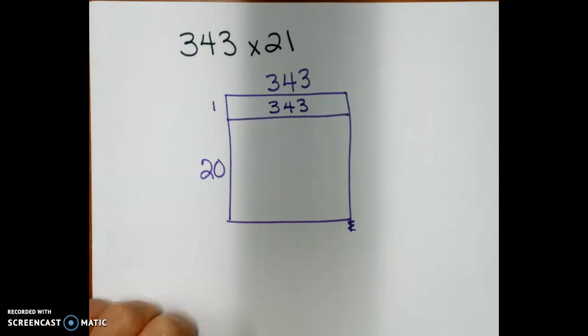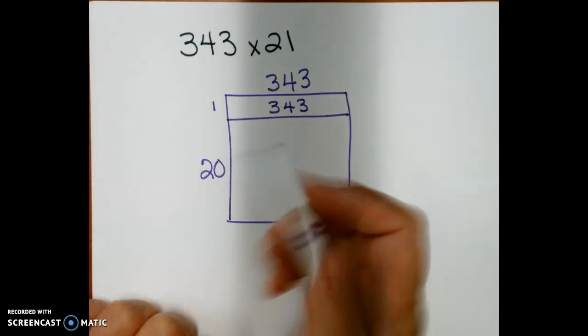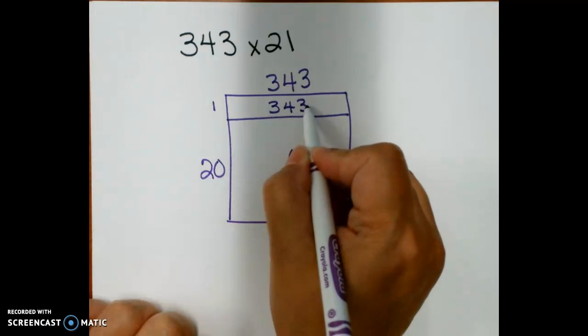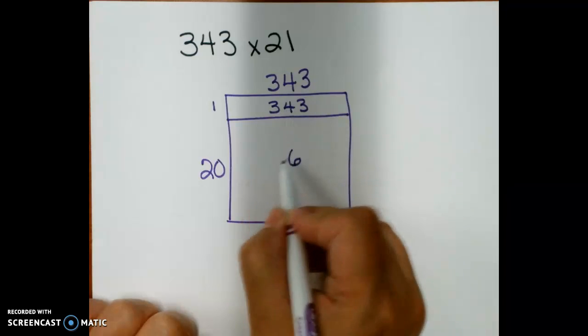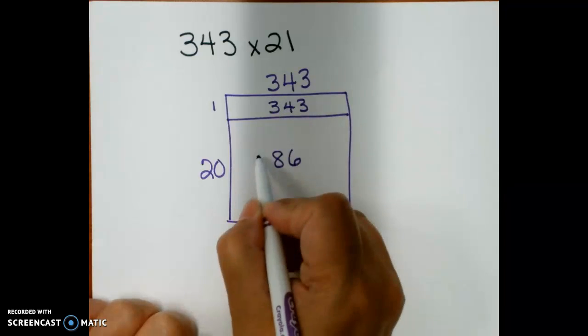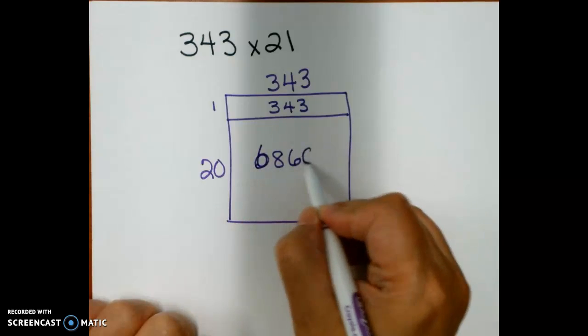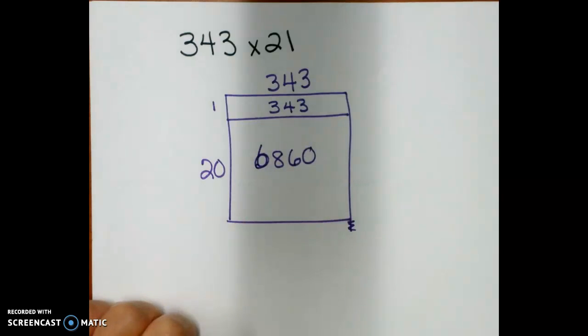Now, 343 times 20. Well, I can do 343 times 2 pretty easily. 3 times 2 is 6, 4 times 2 is 8, 3 times 2 is 6. And then multiply that times 10 gives me 6,860.